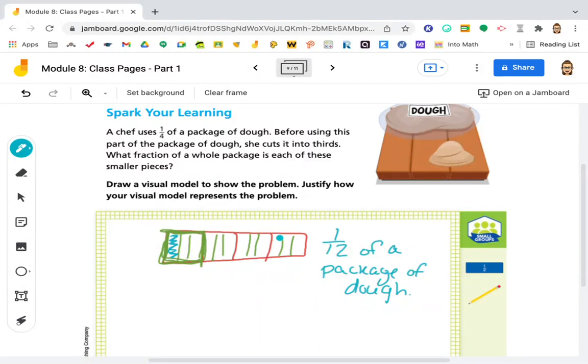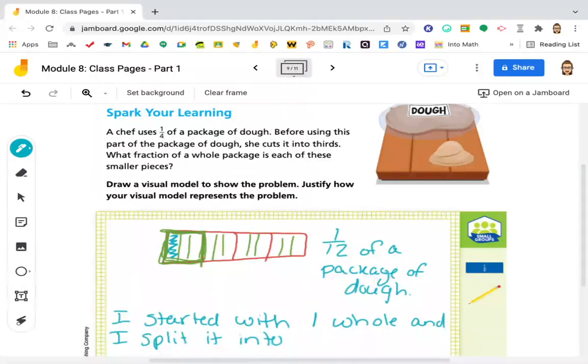Well, if I'm looking at it, we started with a whole. So I started with one whole, and I split it into fourths.